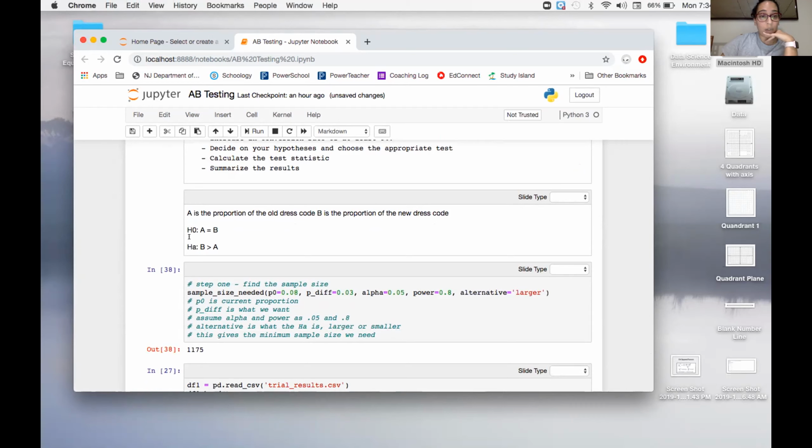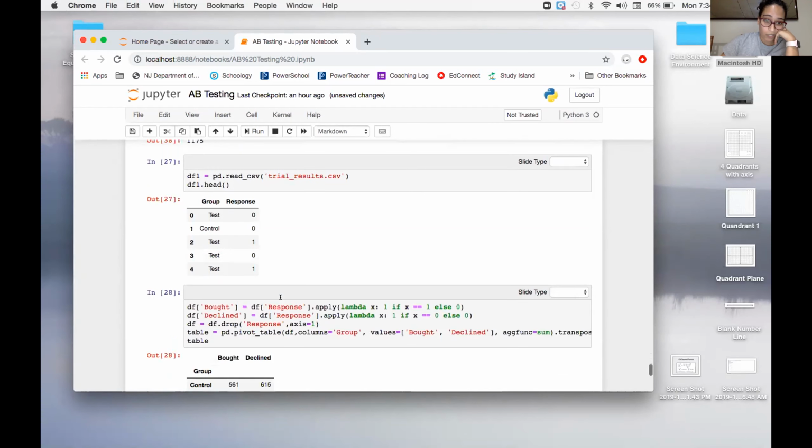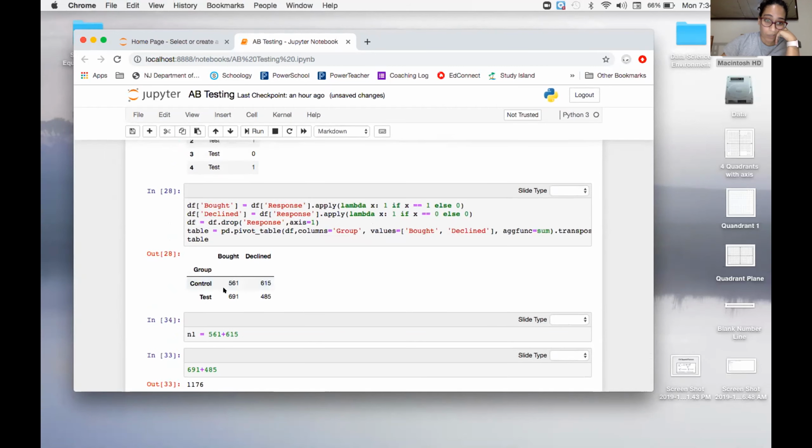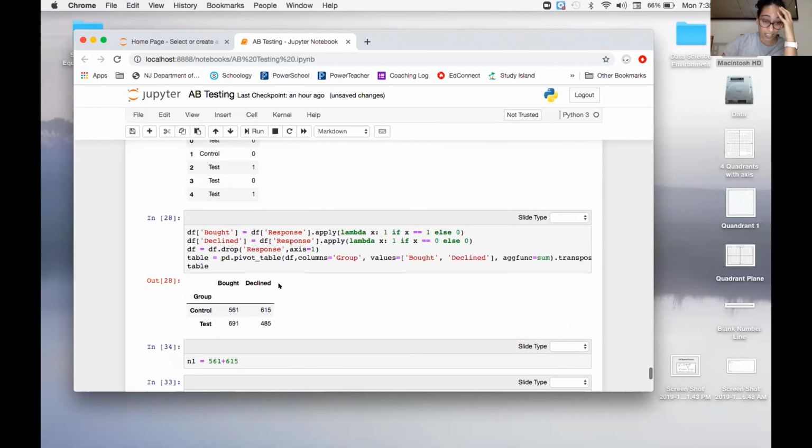And because our alternative hypothesis is that we want it to be more, it's larger, we get a sample size of at least 1,175. After we found out what it was, we actually had a sample size of one more, 1,176. Here is our table that gives us the number of purchases and declines.